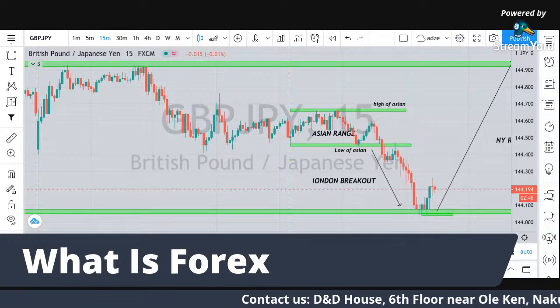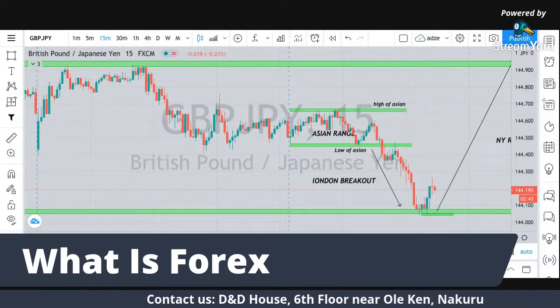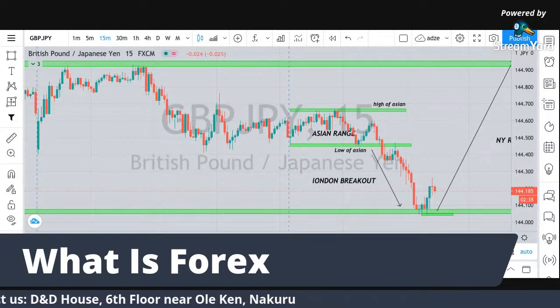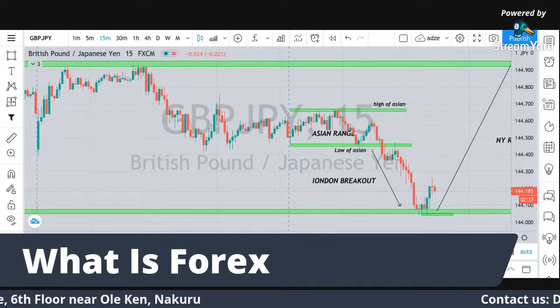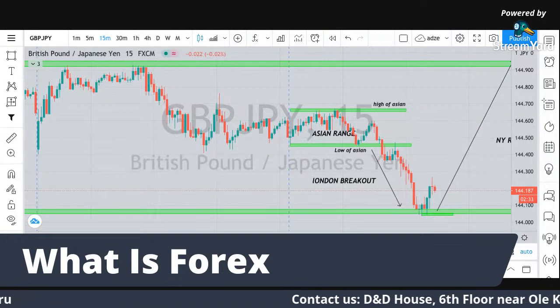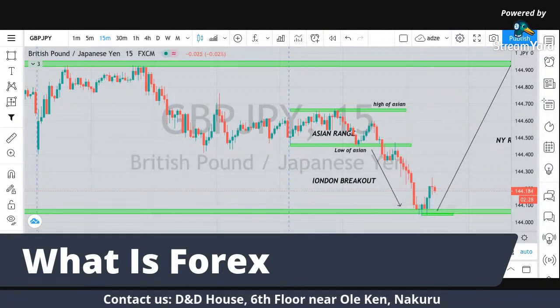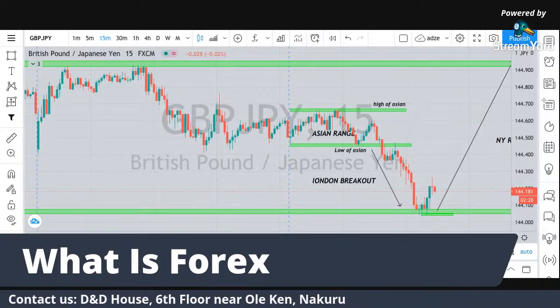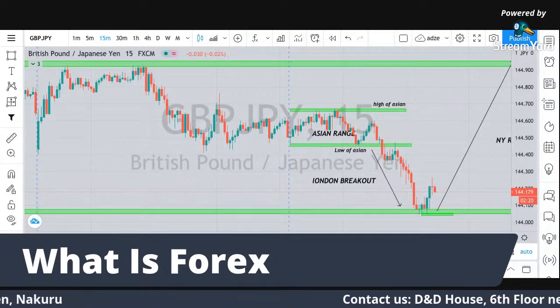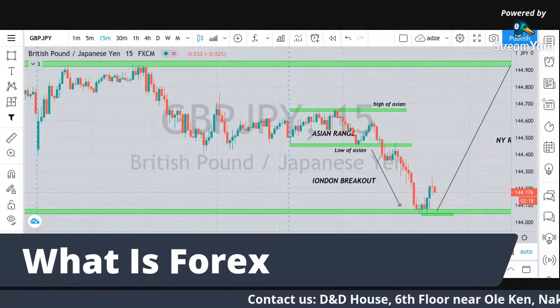So what you need to trade forex, if you're in Kenya, is a laptop, a desktop, an iPad or a tablet. Then you need a phone. I don't advise trading using a phone. It is small, not easy to understand. So a laptop, a MacBook, is better. It's big, a bigger view like this one.